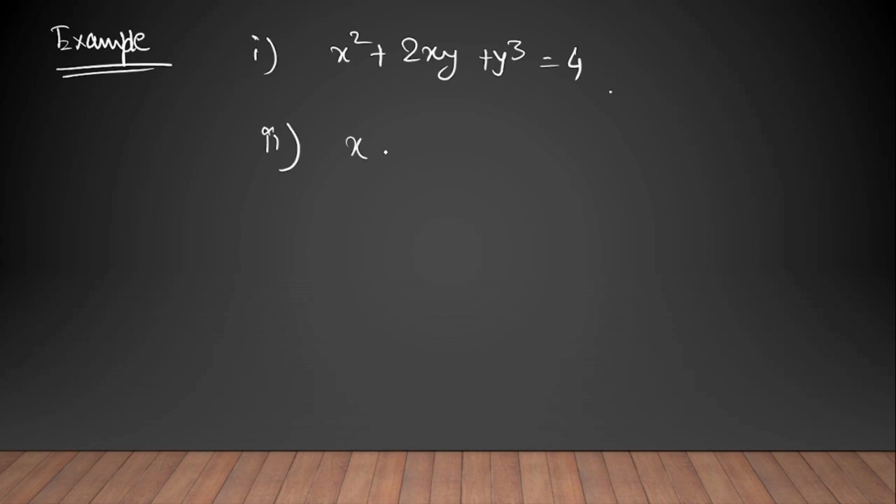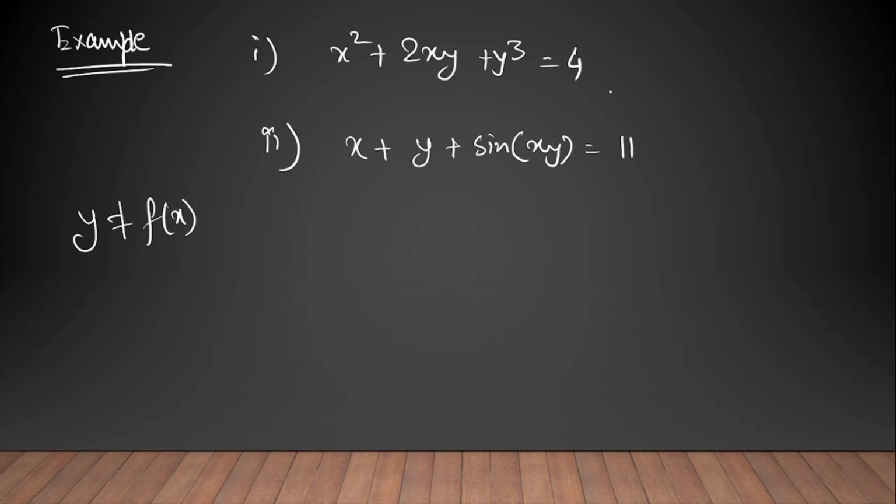Another example: x plus y plus sine of xy equals 11. Here y is not equal to f(x). We can't differentiate directly with y as a function of x. In these questions we have to solve at a point.